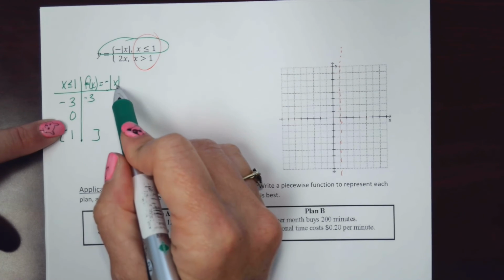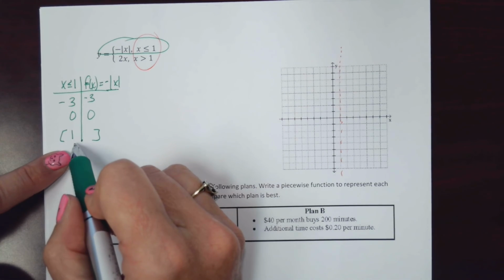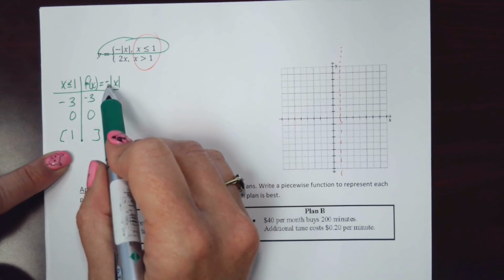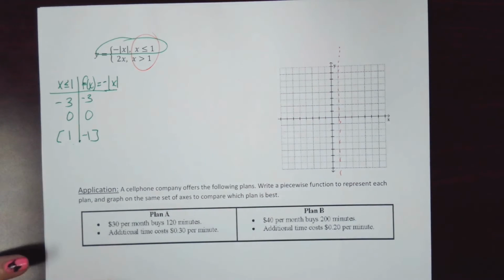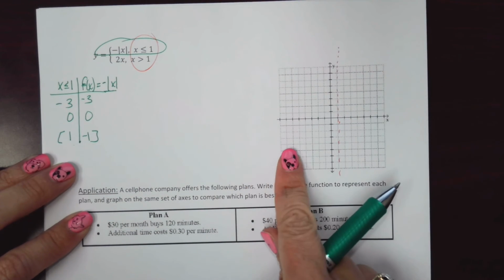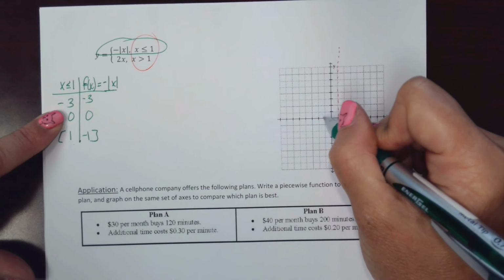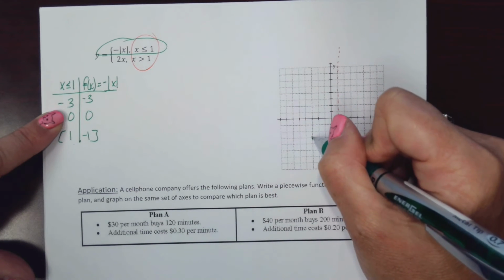Absolute value of 0 is 0 times the negative, still 0. Absolute value of 1 is 1 times the negative is -1. So this is the piece I'm going to do on this left side. I've got -3, -3, 1, 2, 3, 1, 2, 3.